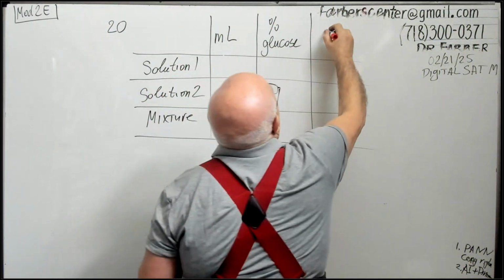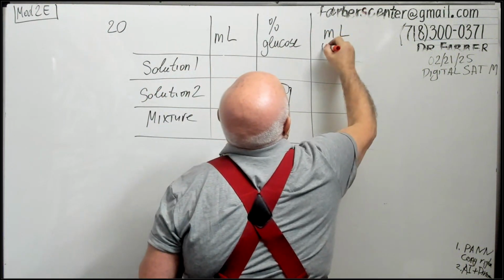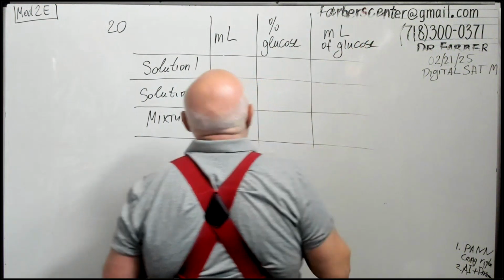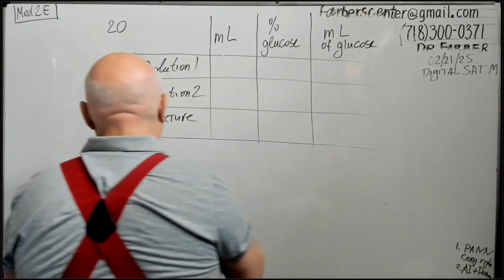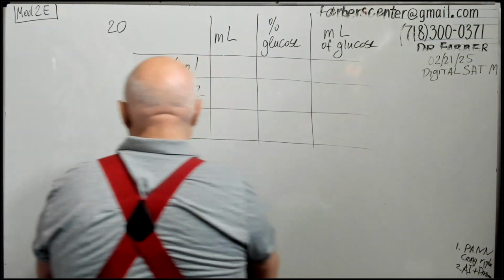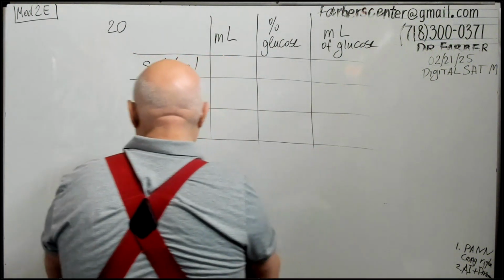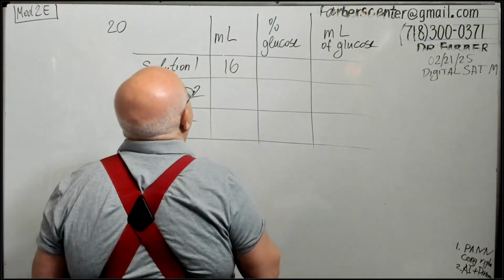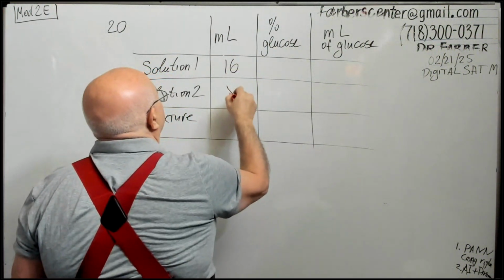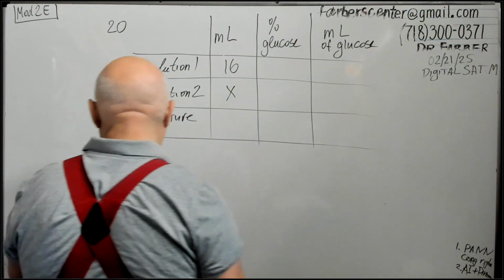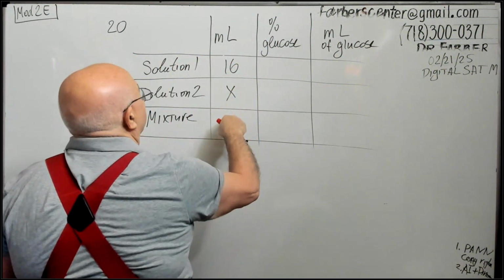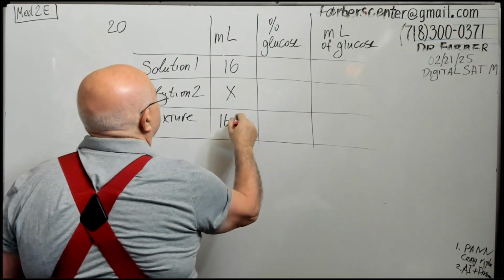And here would be milliliters of glucose. Incorporate the data. What do we have? They provided this is 16 milliliters. This we don't know, they ask you to find it, X. But when you combine this and this, you get 16 plus X in the mixture.